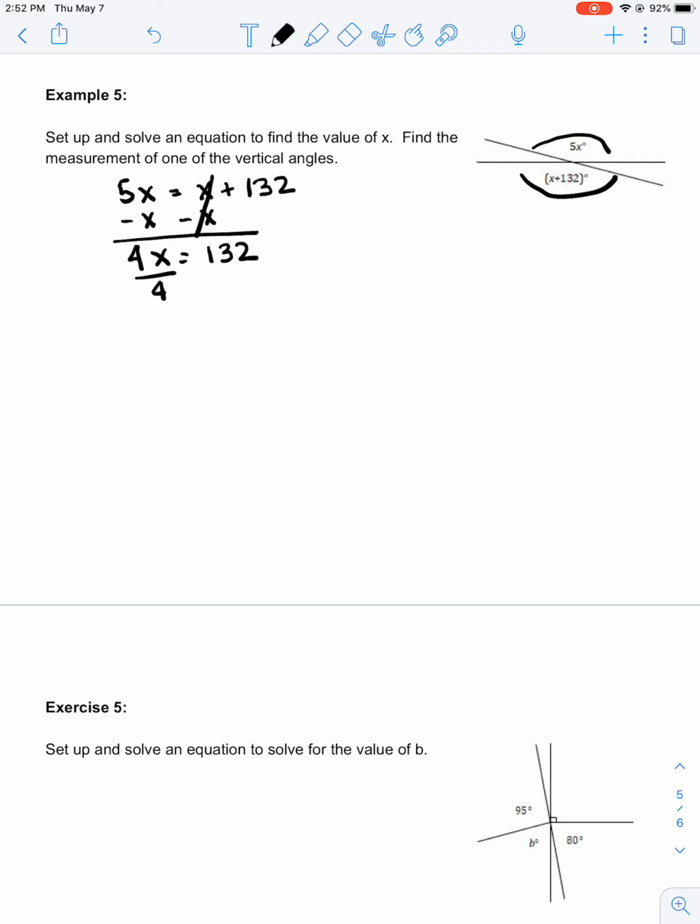So when I divide both sides by 4, we have x is going to equal, 4 goes into 13 3 times with 1 left over. 4 goes into 12 3 times. So x is going to equal 33. So I have x plus 132. So 33 plus 132. And that's going to equal 165 degrees.